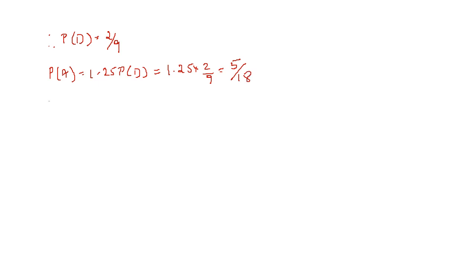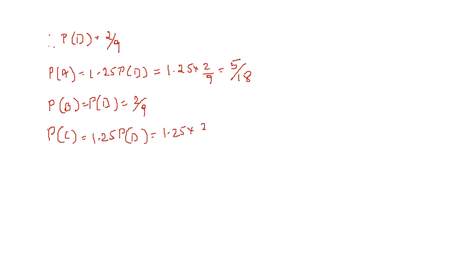Next, P of B is nothing but P of D, and P of D is 2 by 9. P of C is equal to 1.25 times P of D, which is equal to 1.25 into 2 by 9, which is equal to 5 by 18.